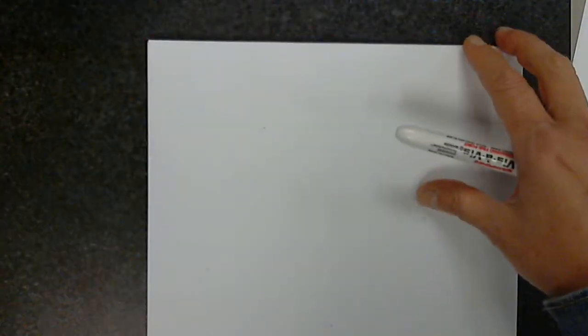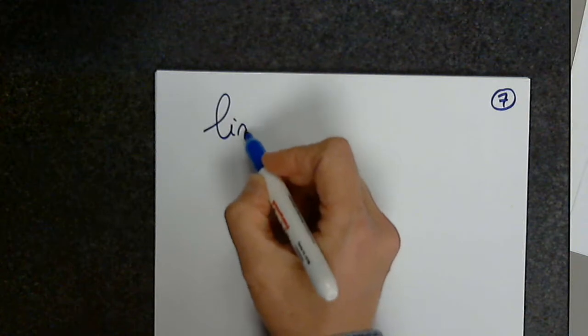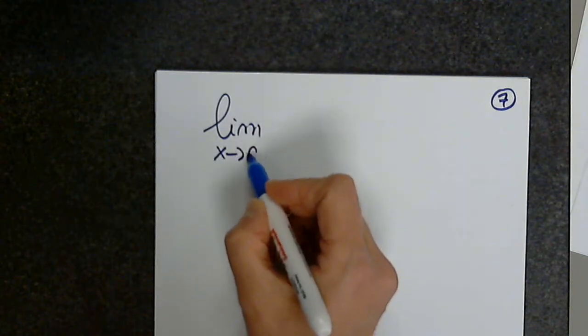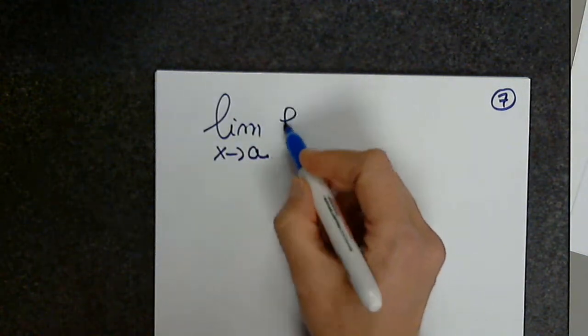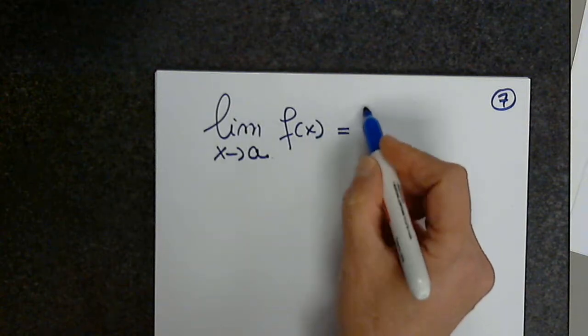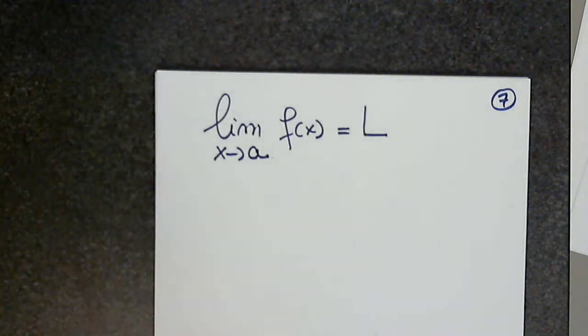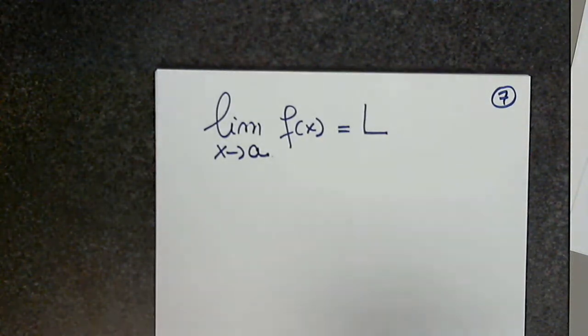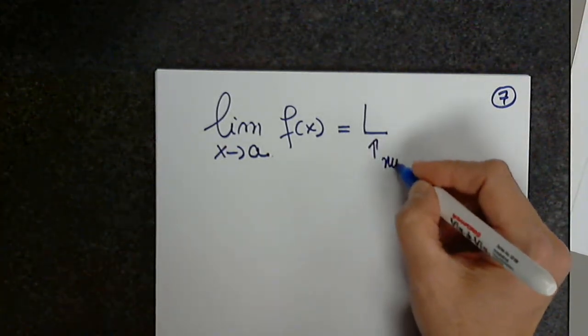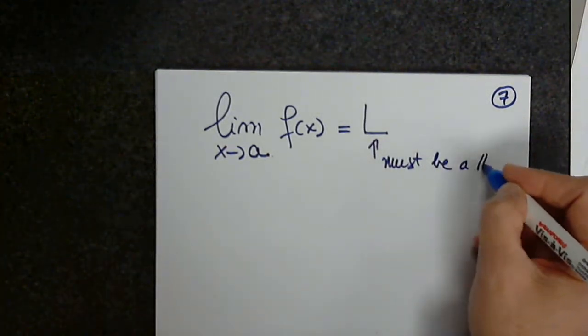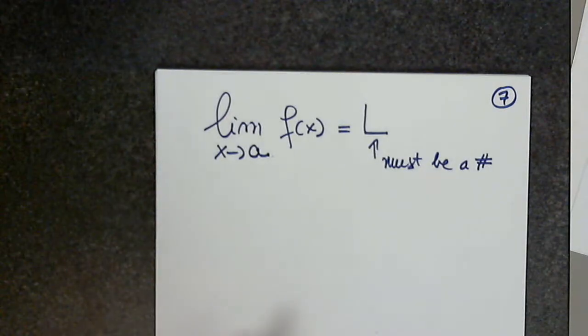So let me write what this means, first of all. So there are 3 notations. Limit as x approaches a of f of x is L. The limit must be a number, not infinity. Infinity is not a number.